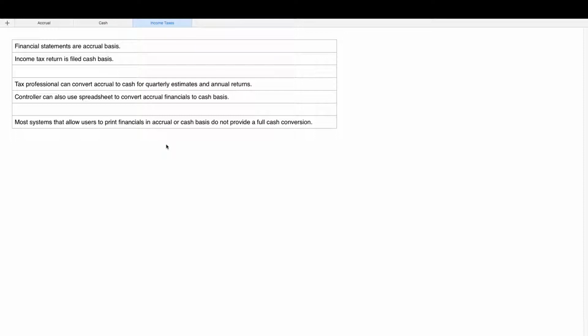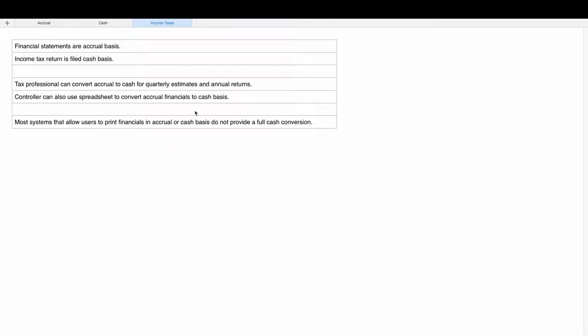Sophisticated tax professionals do this all the time. It's standard practice with A&E firms. There are actually sections of the S Corp and C Corp tax return for converting accrual financials into a cash basis tax return. Or we could also do the conversions each month if it's that important to know the cash basis return.